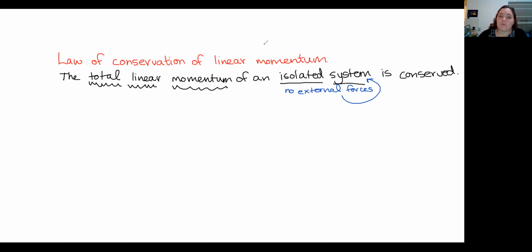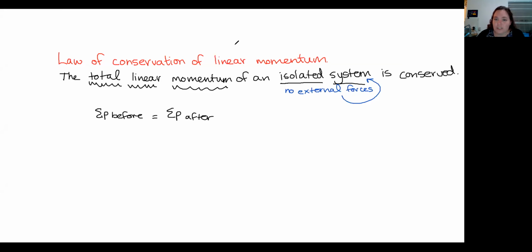So what this means is if we've got a collision, the sum, that's the symbol for sigma, the sum of the momentum before the collision is equal to the sum of the momentum after the collision. Now, I know that different schools teach this formula differently. And the reason I'm saying formula is this isn't on the formula sheet.